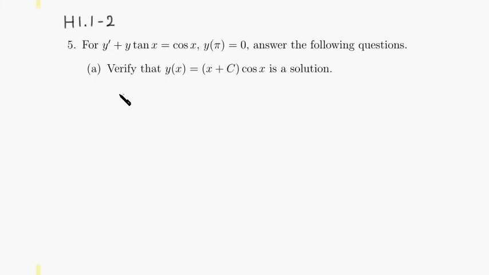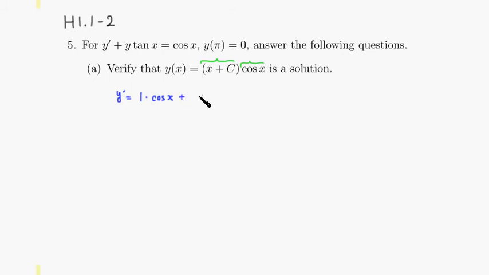So take the derivative of y. y prime is going to be equal to... since there are two things multiplied together, we need to use the product rule. The derivative of the first guy is simply 1, times the second guy, cosine of x.